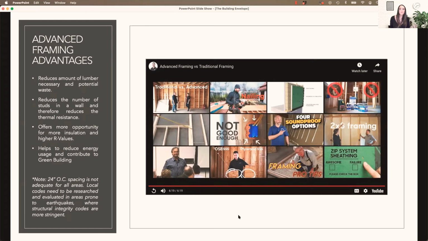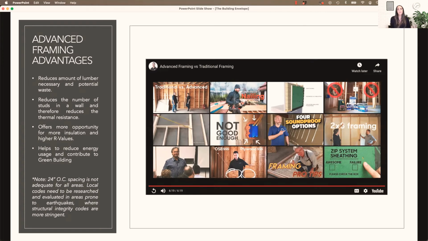So some of the important factors that I picked up on that he was saying were insulating around the window framing. Anywhere that you penetrate a building, that's obviously going to have opportunities for air leaks. So the advanced framing gives you that opportunity to add extra insulation around the window header and really seal that area to avoid air leaks.